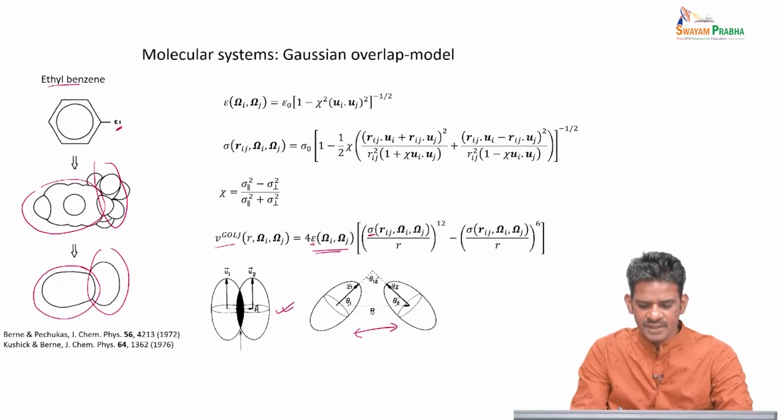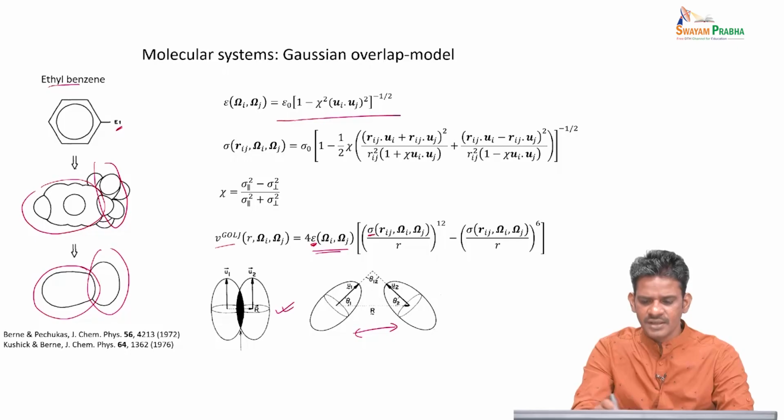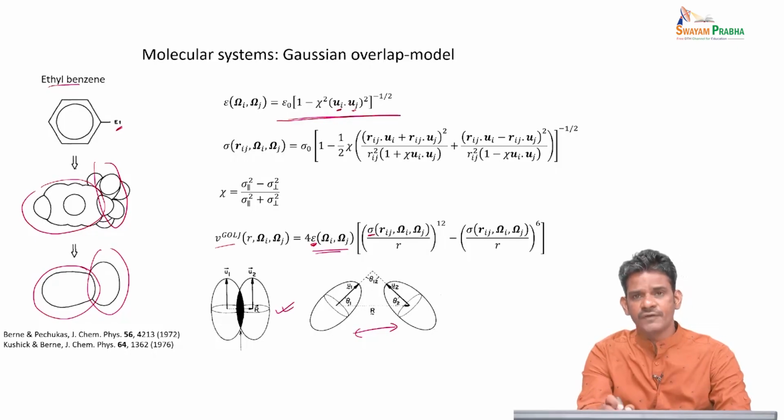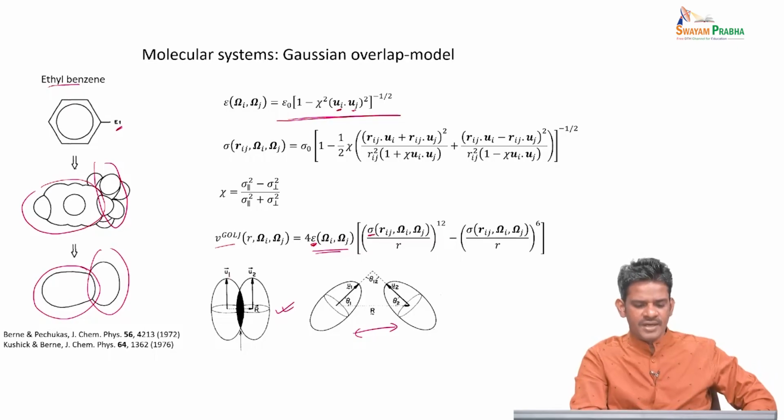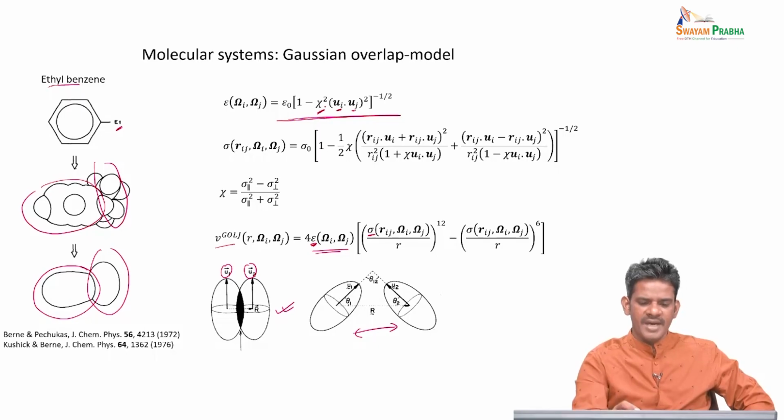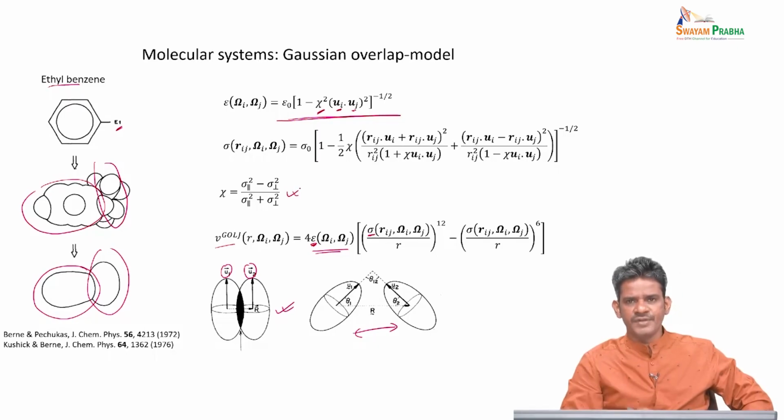This parameter epsilon here is defined using the orientations ui and uj of the respective molecules. So ui and uj, for example in this particular molecule, are here. They tell you the orientation vectors of the molecules. And chi here is the parameter that tells you about the anisotropy of the molecule.